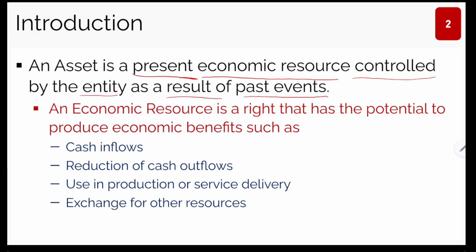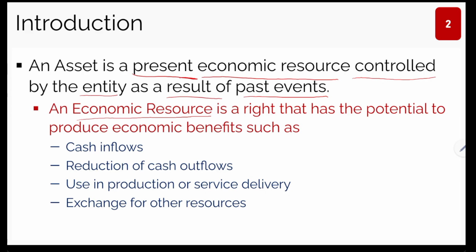So when we say an asset is an economic resource, what we mean is that the asset has the potential of bringing forth economic benefit. Because for it to fulfill the definition of an asset, it has to be a present economic resource. It has to be controlled by the entity as a result of past events.